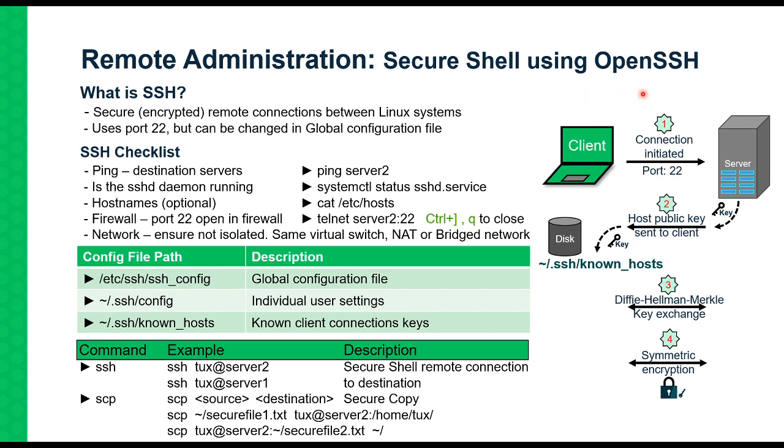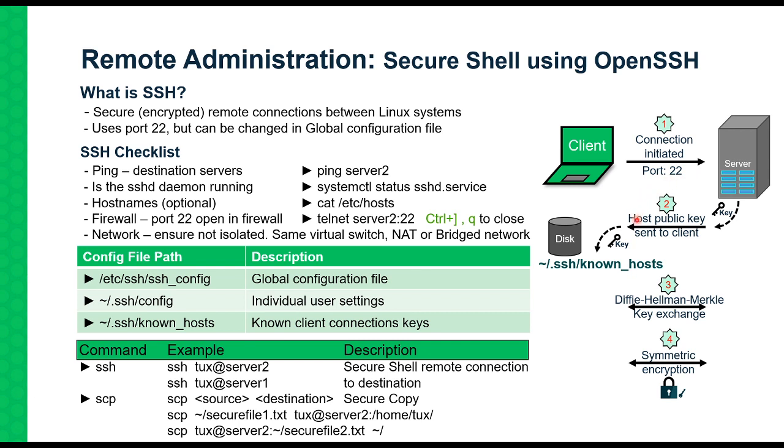Now, when we make a connection from our client to our server, there are 4 steps that an SSH connection goes through. The first one is our connection is initialized and it uses port 22. While this is happening, there's a few questions which the SSH daemon asks.